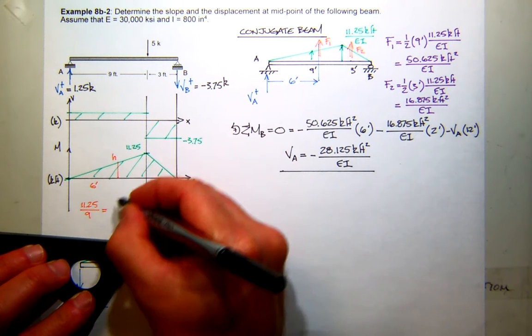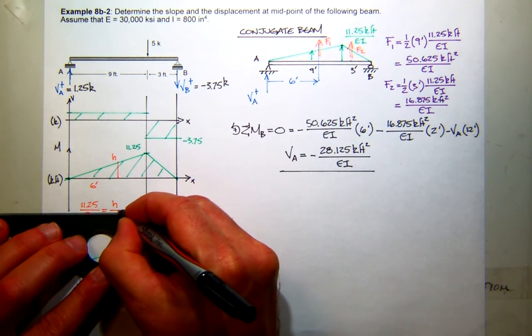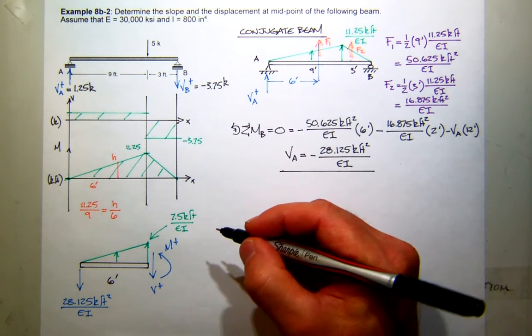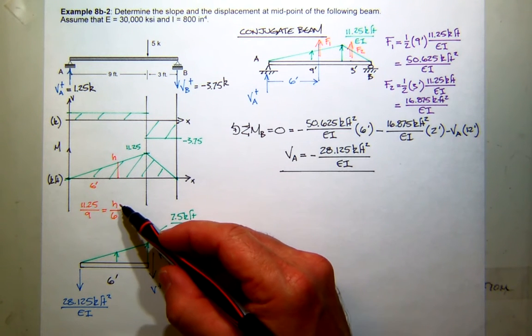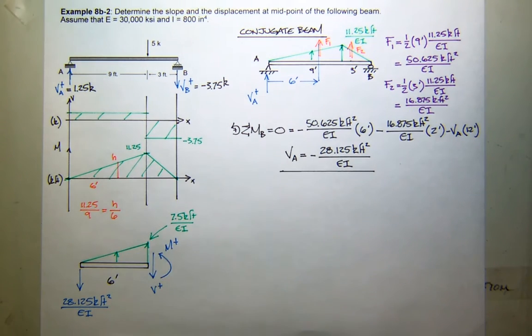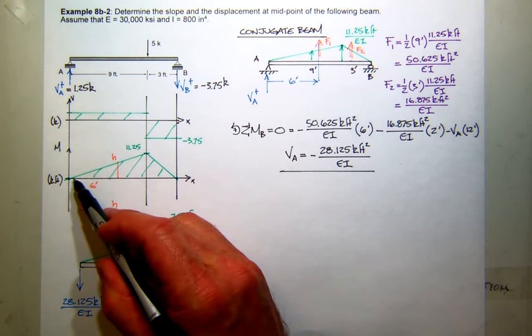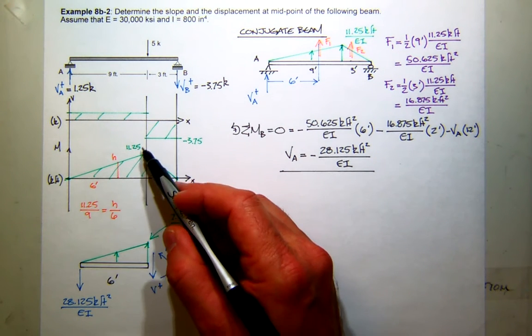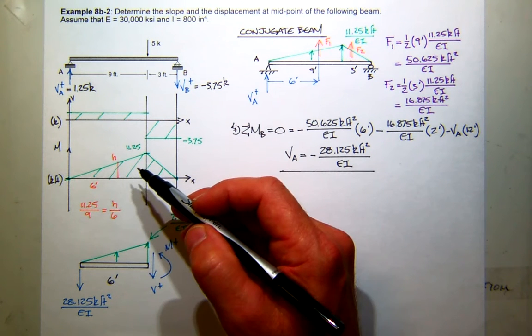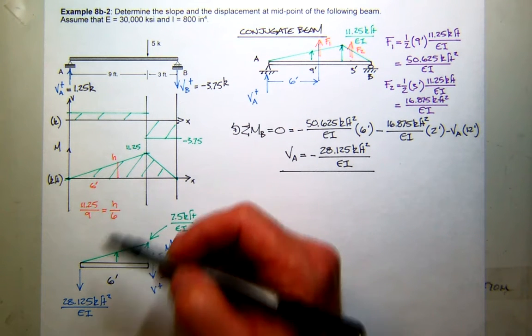So the height here, H, should be proportional to 6. So if you solve for H, you should get 7.5. Another way to do it would be just to find the slope of the line, which would be 11.25 divided by 9 and multiply it by 6. And that's pretty much what you see here.